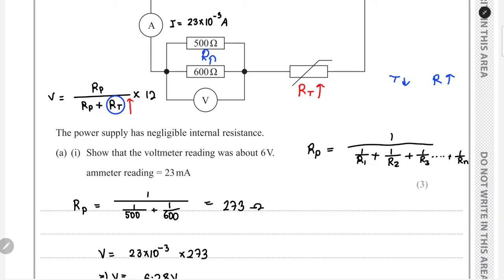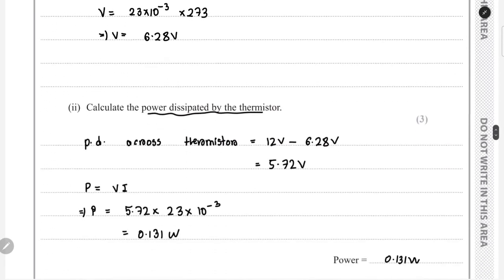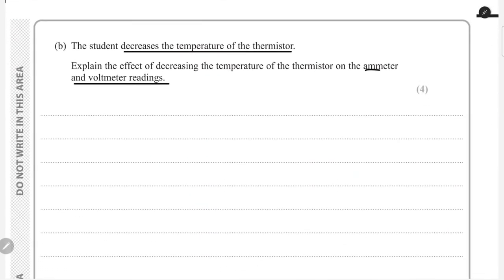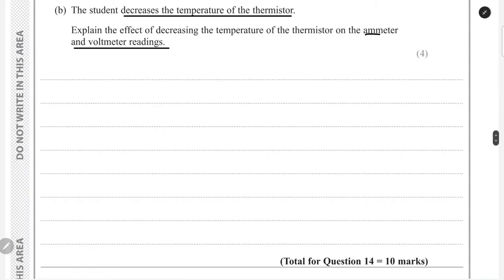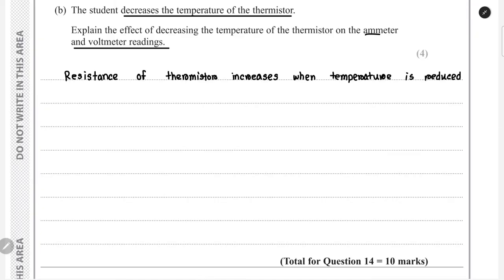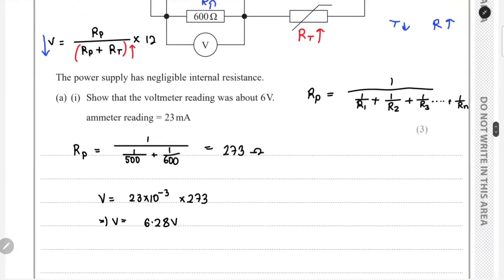This is increasing. If this increases, the whole denominator will increase. Everything else is constant, so the voltage must decrease, or the voltage reading over here will decrease, and this is due to the resistance of the thermistor increasing. So we start with what happens at first if we decrease the temperature, which is the resistance of the thermistor increasing. We can also look at this question in a different manner.